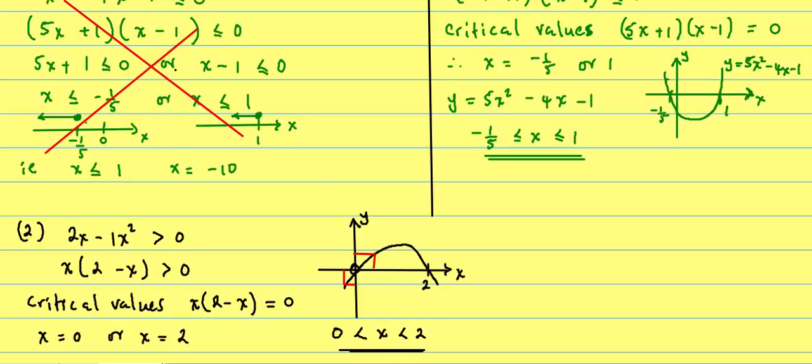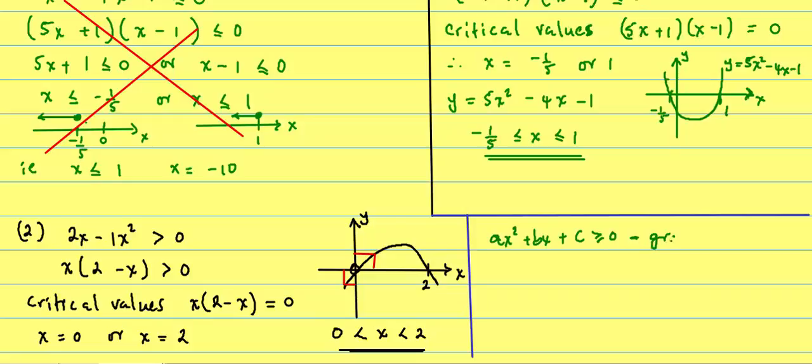Before we look at our final example, we are in a position to make a generalization now after having done these two examples. If you're required to solve a quadratic inequality of the form ax squared plus bx plus c, and you're required to make it greater than or equal to 0, after sketching the graph you look for where the y values are above the x-axis.